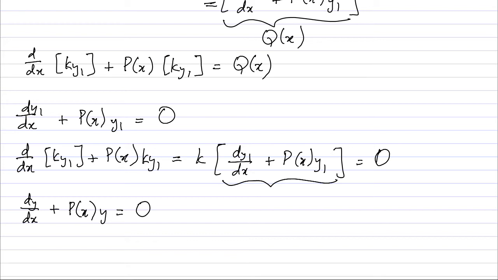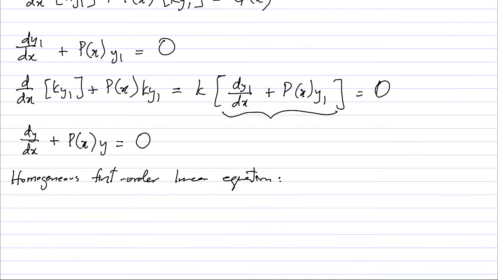So in other words, for a homogeneous first order linear equation, if y1 is a solution, then k y1 is also a solution.